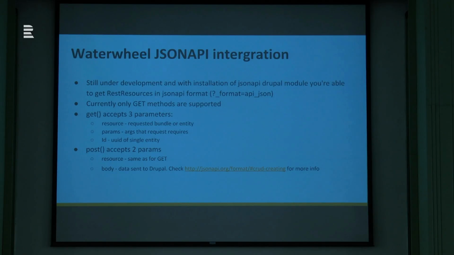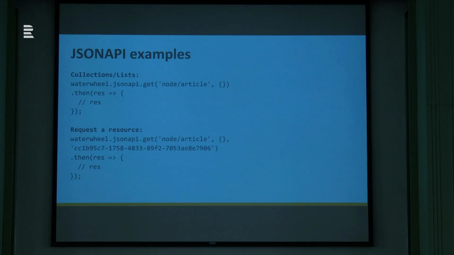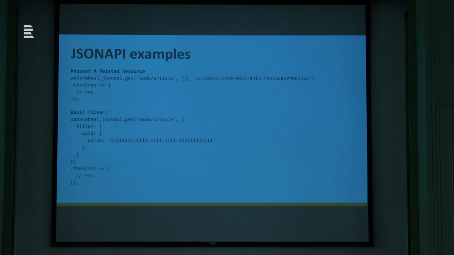And this is something that will be interesting to any decoupling team, because they'll have the ability, for example, to filter data and to move to more advanced requests. So this is how it looks to get the data inside the JSON API response.